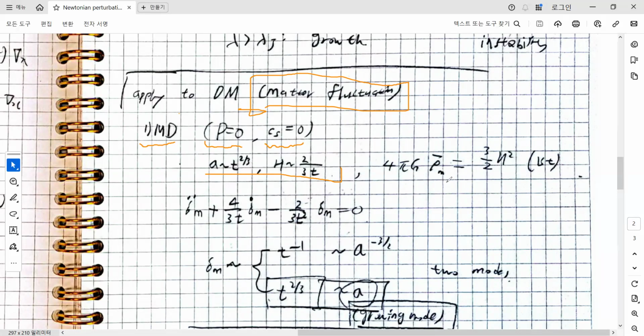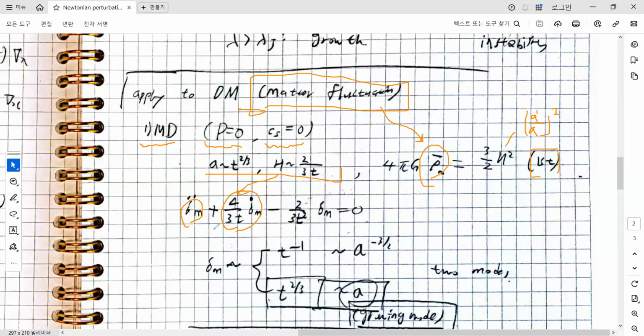If we insert these into the first equation, the Boltzmann equation, this corresponds to the a-dot over a squared here, and there is only matter contribution to the analysis. By using that, we can calculate the equation of motion for the density perturbations of matter. So I insert this Hubble friction term here.